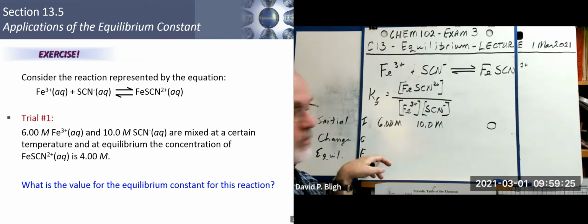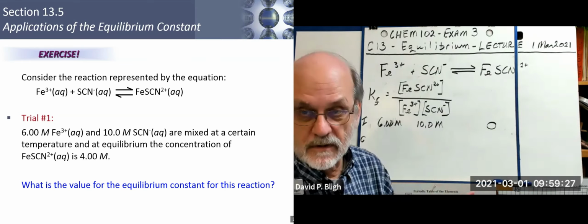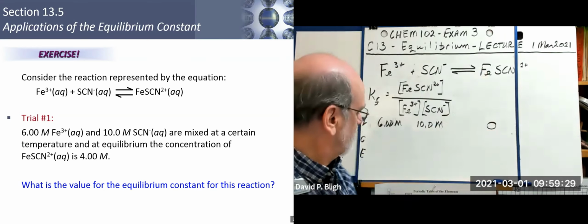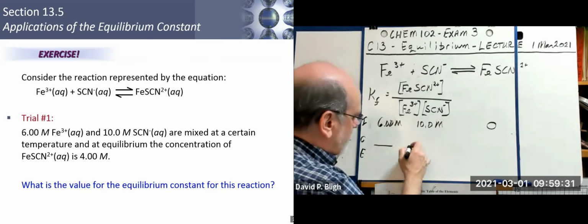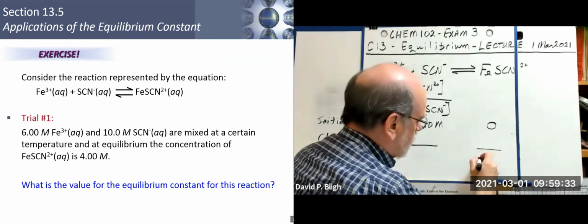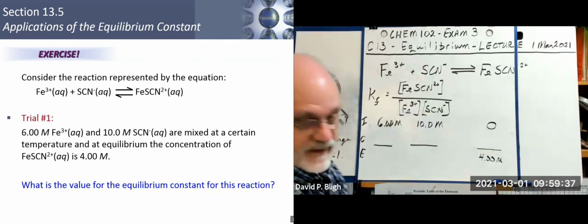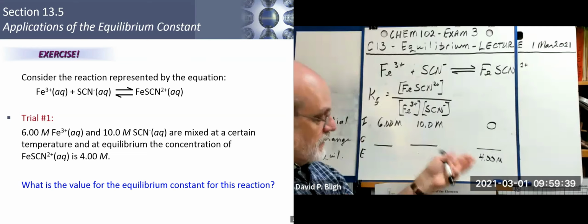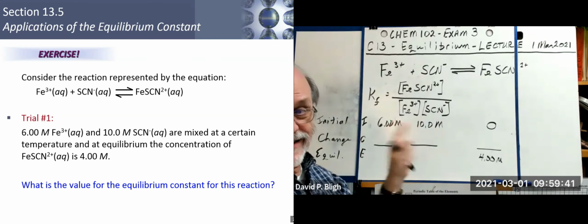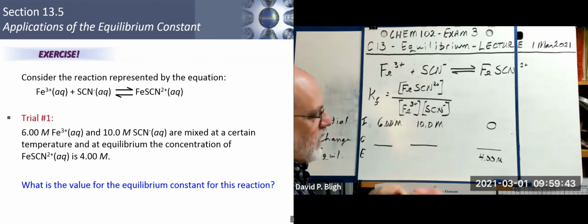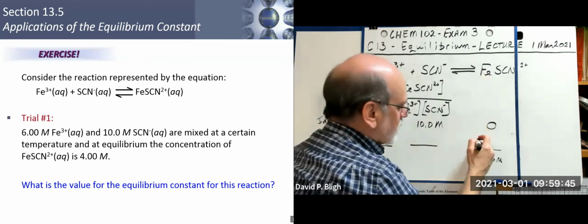But we also know the equilibrium concentration of that right there, which is 4 molar. We know it's 4 molar, so how did it get there? Well, we had to add it here.